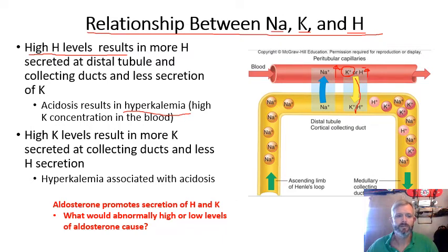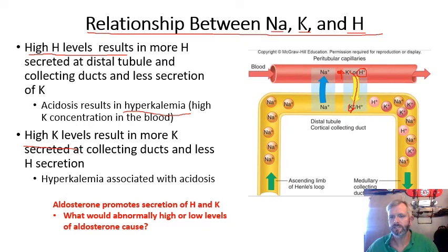All right, what about the opposite? We already discussed high potassium levels. High potassium levels means now potassium's competing with the protons here, and there's going to be more potassium secreted, less hydrogen secretion.